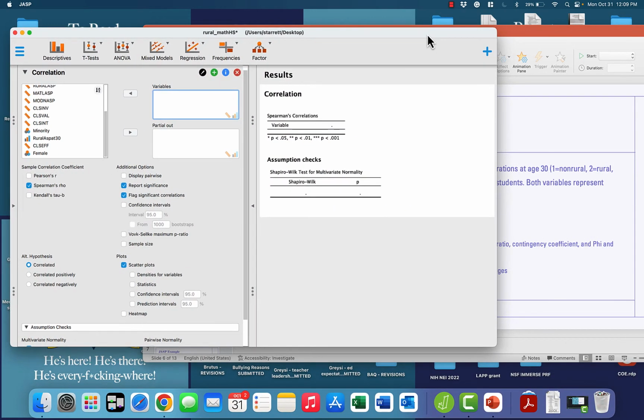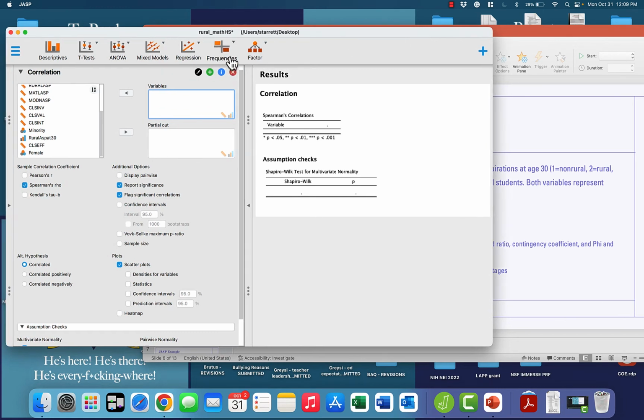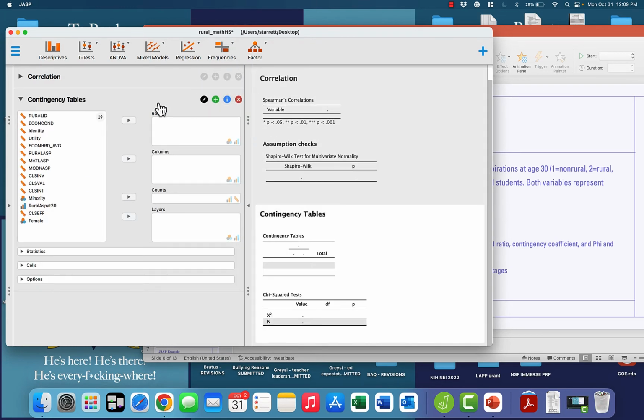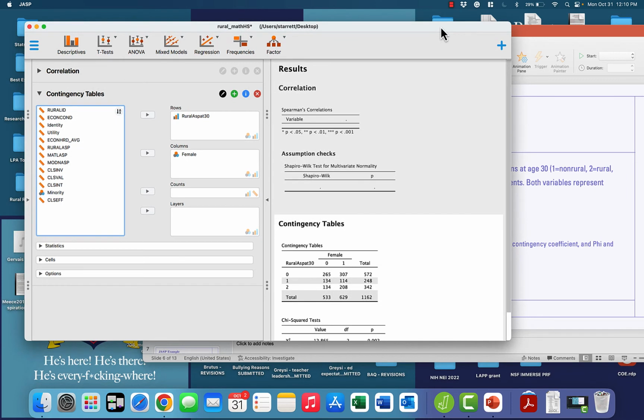What we want to do in JASP to run the chi-square test for association is go into frequencies and go under classical contingency tables. We are going to put rural aspirations at age 30 in rows, and we're going to put female in columns. It could go either way. It doesn't matter which one we do here.